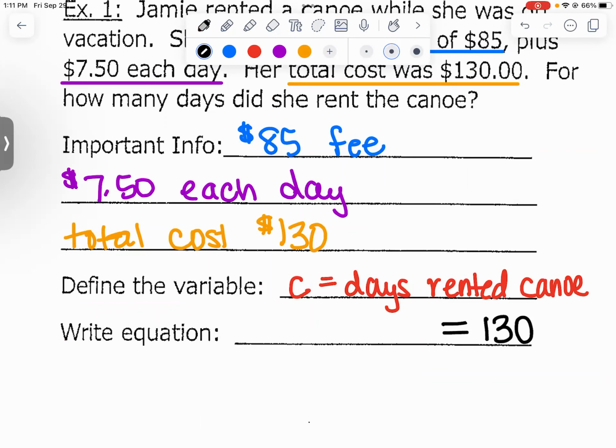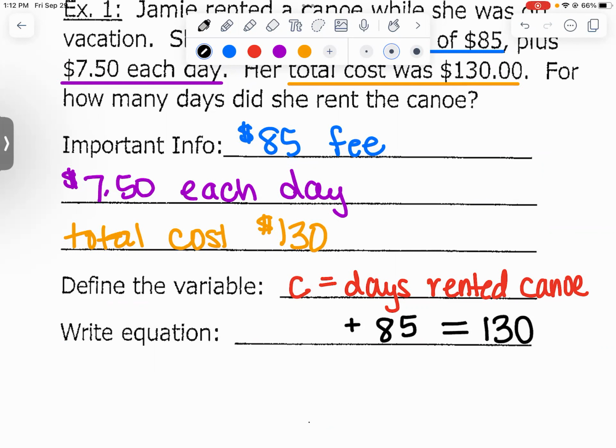Okay. Now with the other 2 numbers, one of them is going to go with X and one of them is not going to go with X. So which one of them is like just the one time? 85. Okay. So we have 85 is the one time fee. And then we're going to add $7.50 each day.